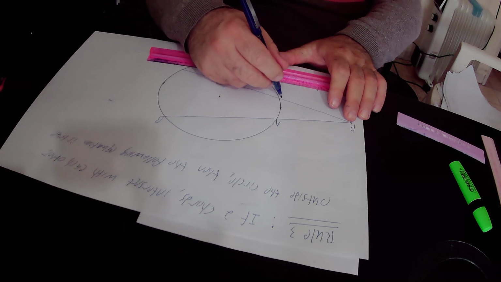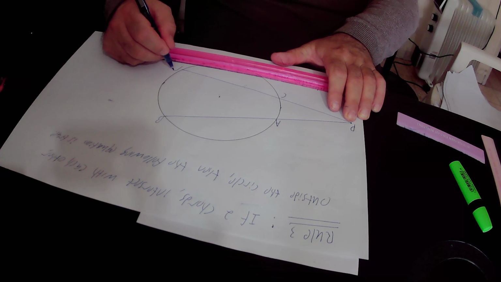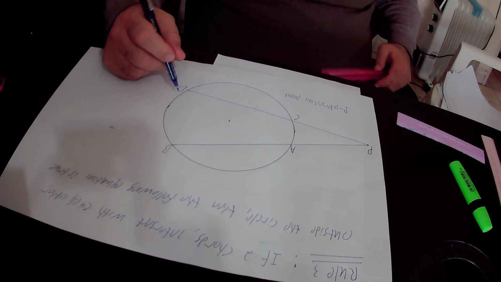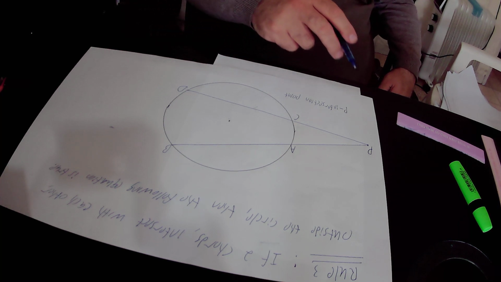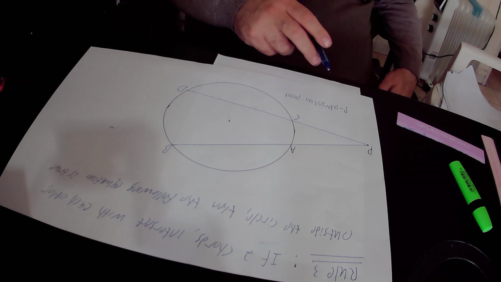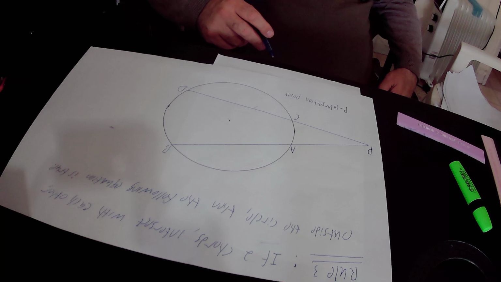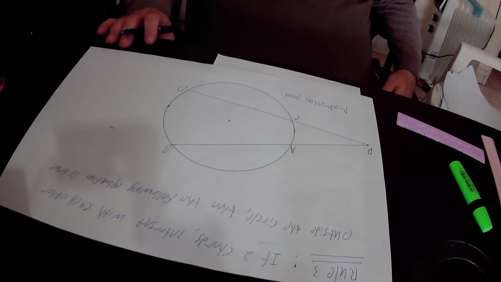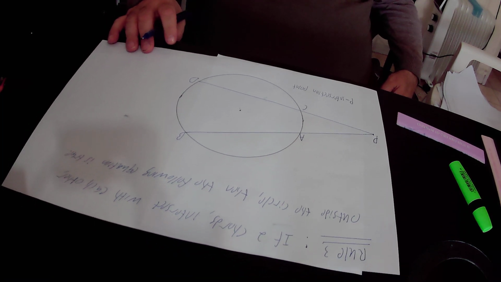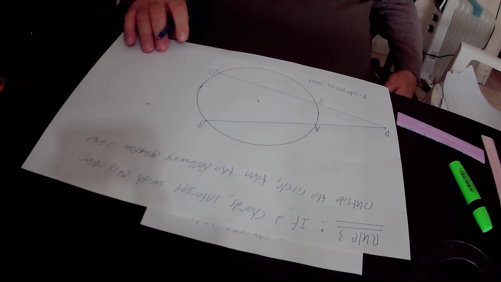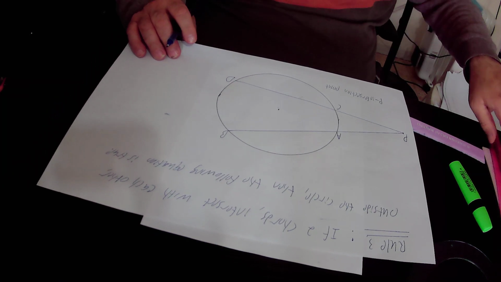Point P is the intersection point between those two chords. So if this is the data that has been given to us, then according to rule number 3, the following equation is true.